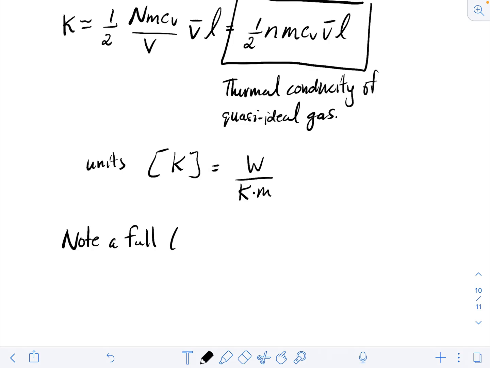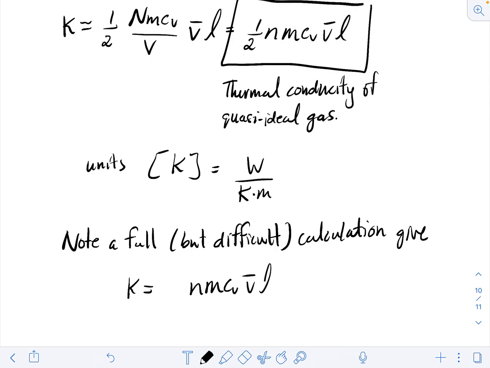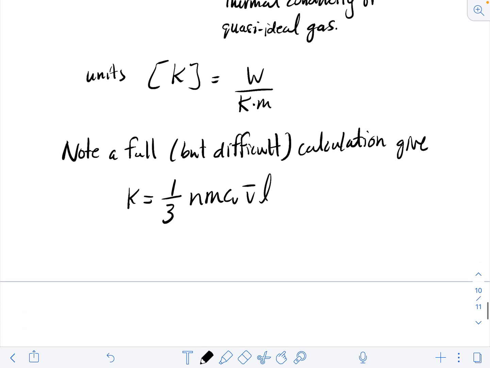So a full but difficult calculation or treatment is going to give that kappa is going to be, like we calculated, the number density times the mass of the particle times the specific heat times the average speed times L. That's all the same. What's different is the prefactor. So instead of 1/2, you get a 1/3. Okay, so the correction is changing the 1/2 to a 1/3.